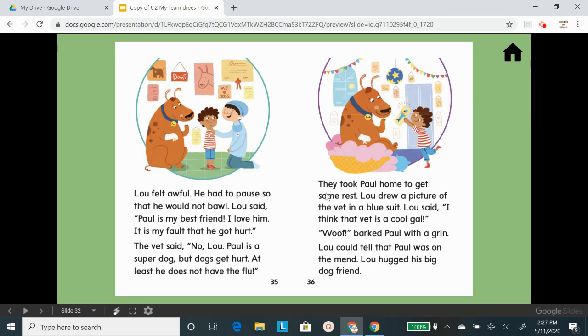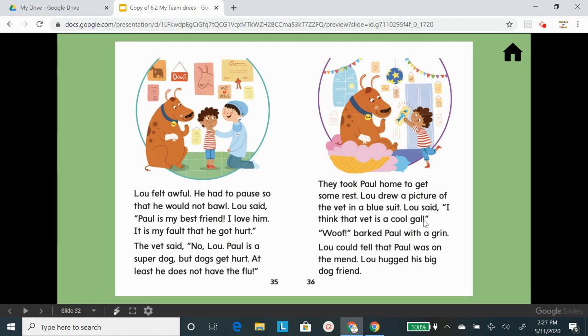Ready? They took Paul home to get some rest. Lou drew, what did he draw? A picture of the vet in a blue suit. Lou said, I think that vet is a cool gal.